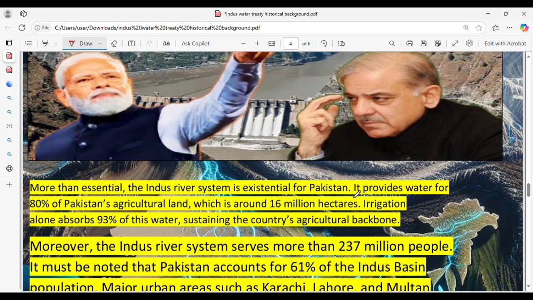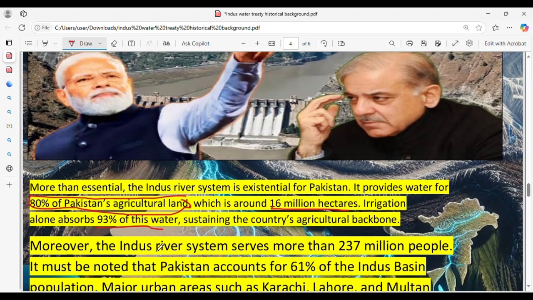It provides for 80% of Pakistan's agricultural land, which is a very important thing to be noted, that 80% of Pakistan's agricultural lands get the water for irrigation from these rivers only, which is around 16 million hectares. Irrigation alone absorbs 93% of this water. So this shows the importance of these rivers.